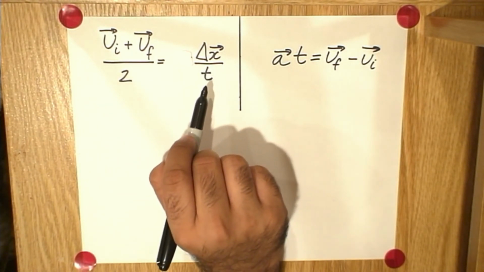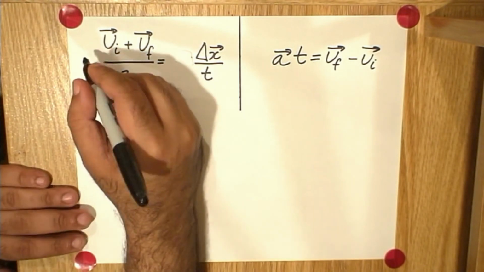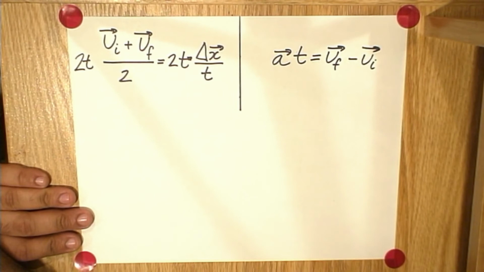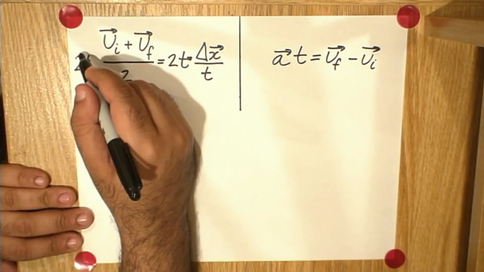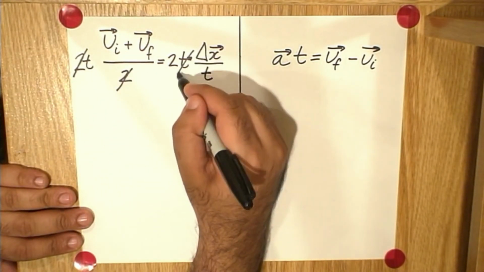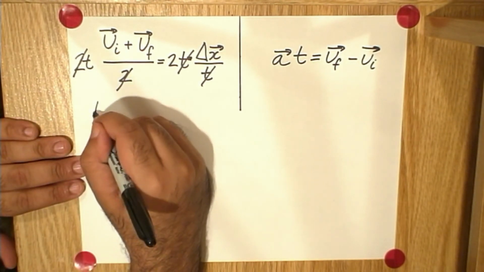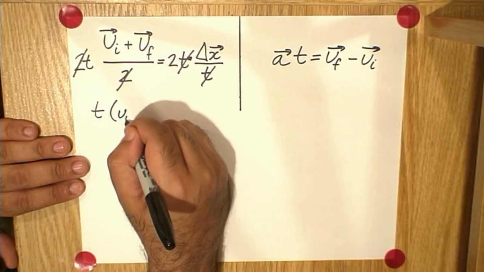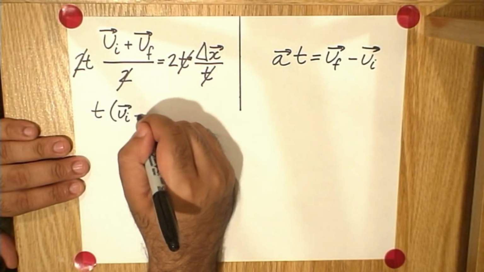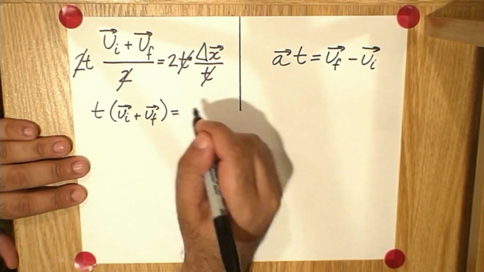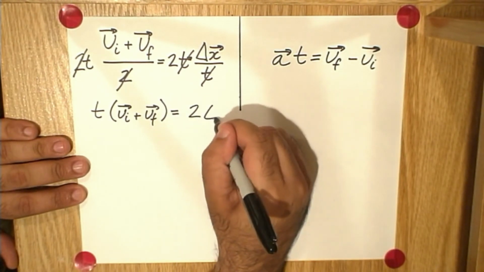I'll multiply both sides by 2t. When I do that, this 2 and this 2 will cancel, and this t and this t will cancel. So that's going to give me t multiplied by v initial plus v final is equal to 2 times delta x.